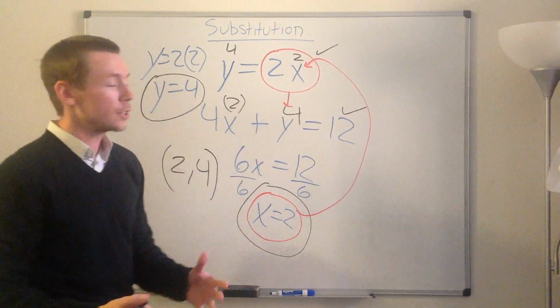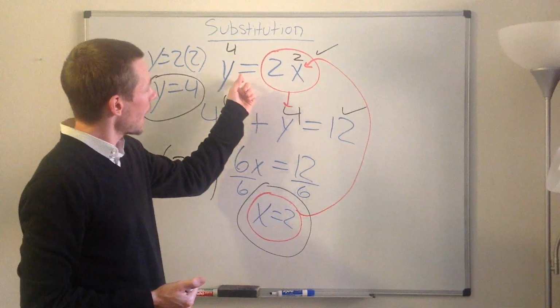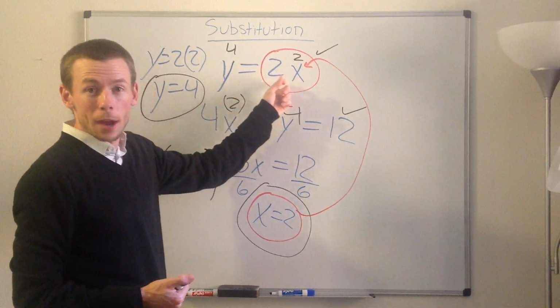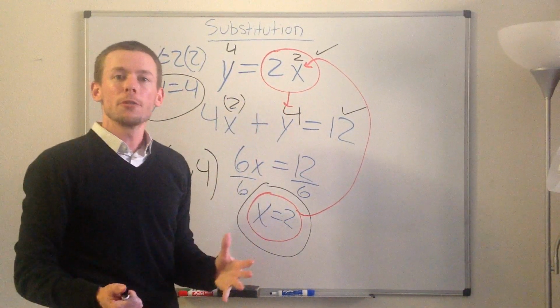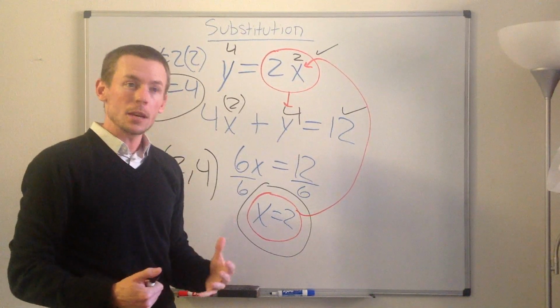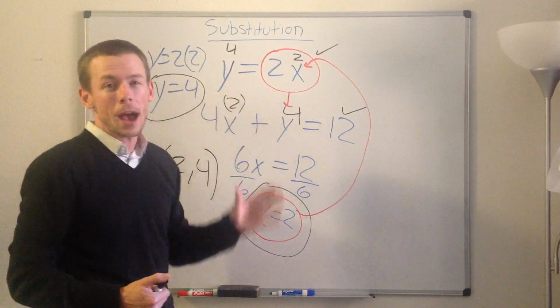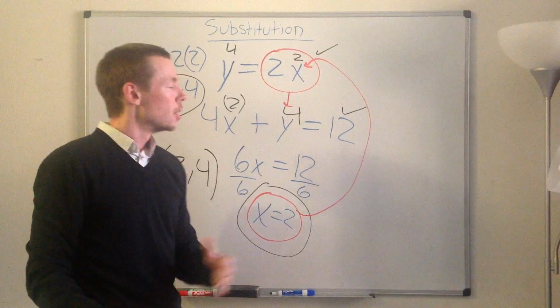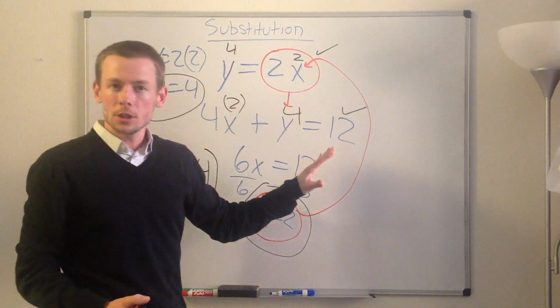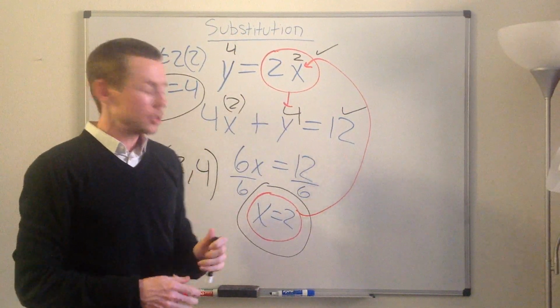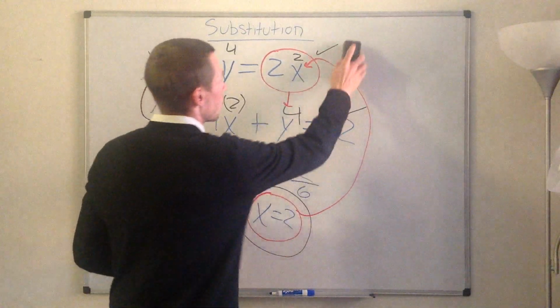Now note, to sum up, that we had to have one of the equations solved for a variable. In other words, in one of the equations, either x or y had to be by itself so that we could go to the other equation and substitute it in.